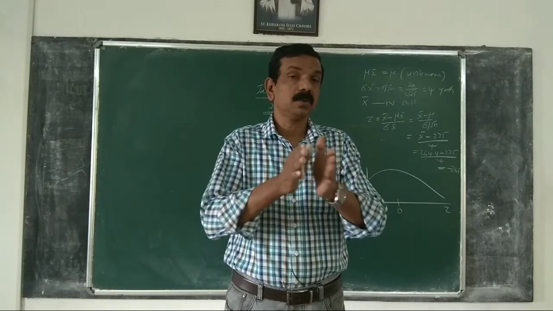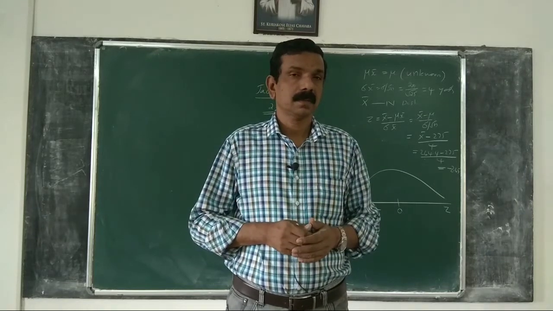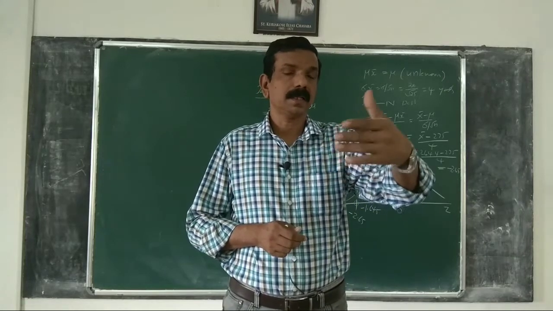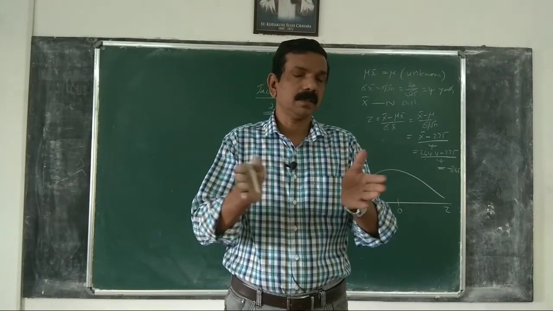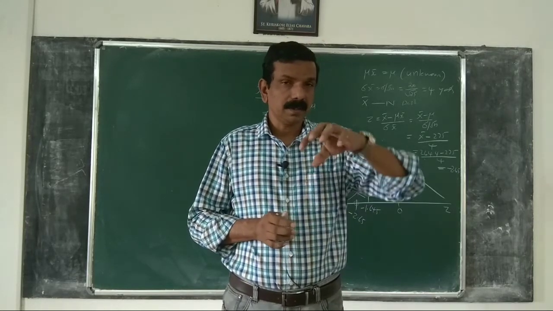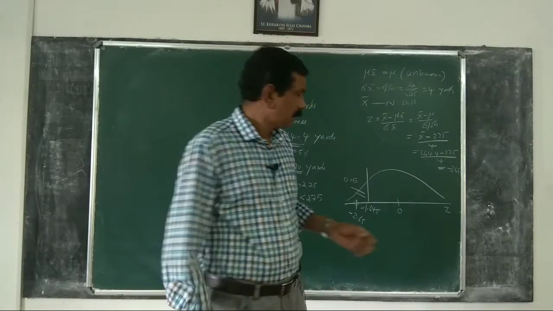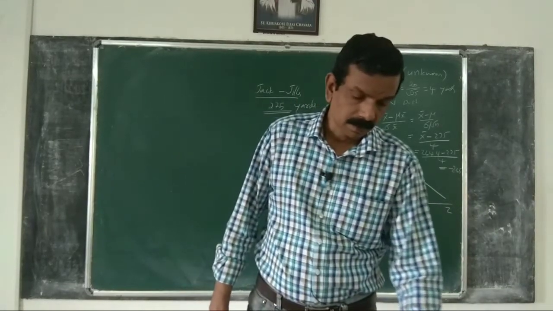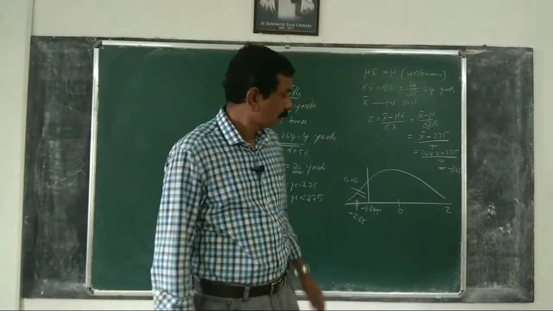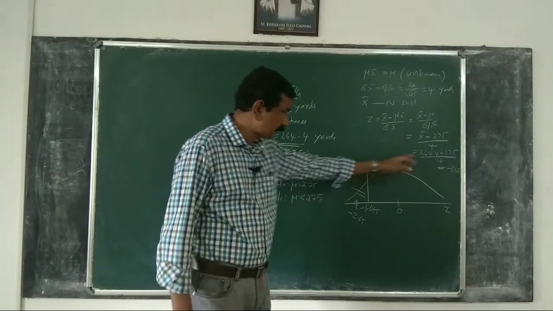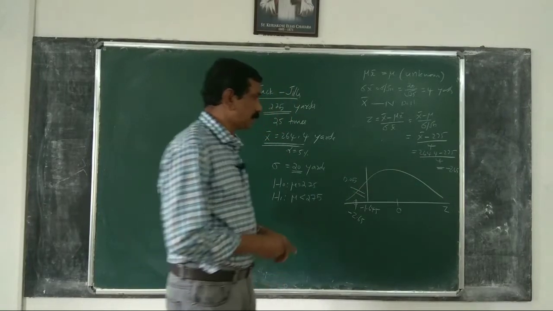What we say is we do not reject H0, because we do not know whether we are accepting a false hypothesis or not. On the basis of evidence, we cannot reject H0. Now in this case, H0 is rejected because the value of the test statistic is in the rejection region.